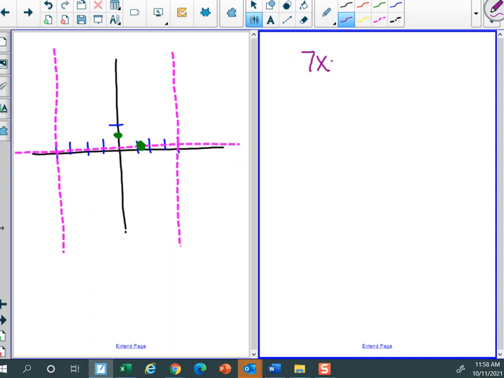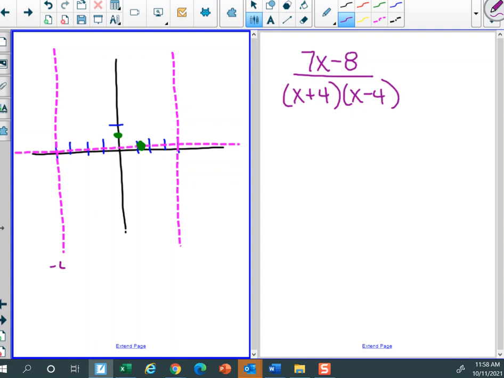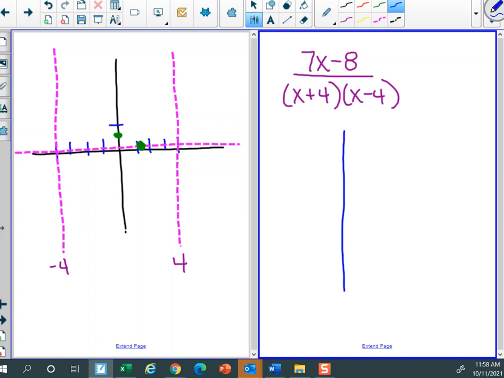So 7x minus 8 over x plus 4, x minus 4. This is negative 4, and this is 4. I'm going to pick a couple points for x.